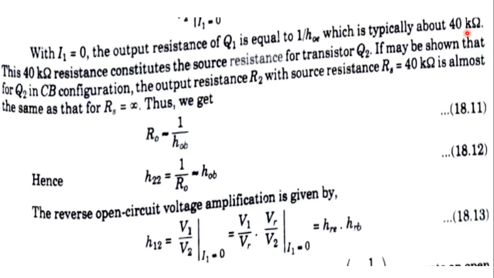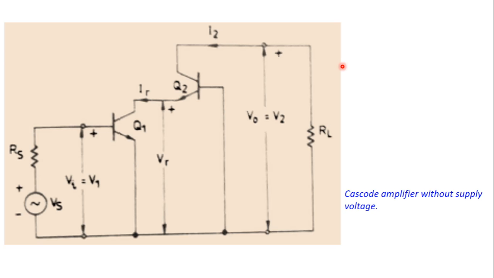For the case of this common emitter stage, these values are typically about 40 kilo ohms. This 40 kilo ohm resistance constitutes the source resistance for the transistor Q2, because we know that the output resistance of Q1 now becomes the input resistance for Q2. The output resistance of Q1 acts as a load for Q2.